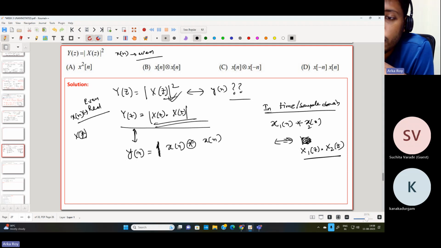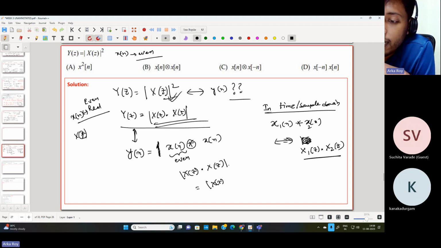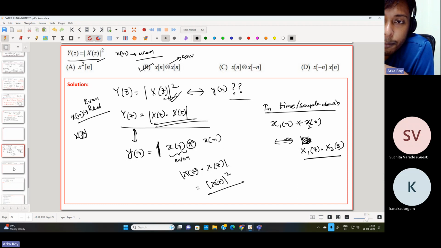So convolution between the same sequence will effectively give you X(z) multiplied with X(z). And because the signal is even, in the DTFT domain or Z transform domain, they will have only the magnitude part. That means X(z) whole square. Therefore, the answer is x[n] convolved with x[n], this is a convolution operation. So this will lead to this particular Z transform representation.